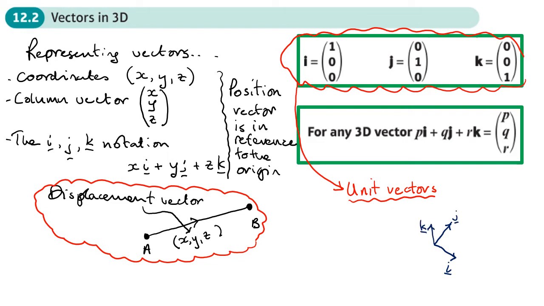They're only one unit long, so the actual x-axis carries on like that, the y-axis carries on like that, the z-axis carries on like that, so they're just one unit long. So what we have here is these unit vectors i, j and k represented as a column vector. So the vector i is one in the x direction, nothing in the other two. The vector j is one in the y direction, and the vector k is one in the z direction. So that's basically how they're defined.